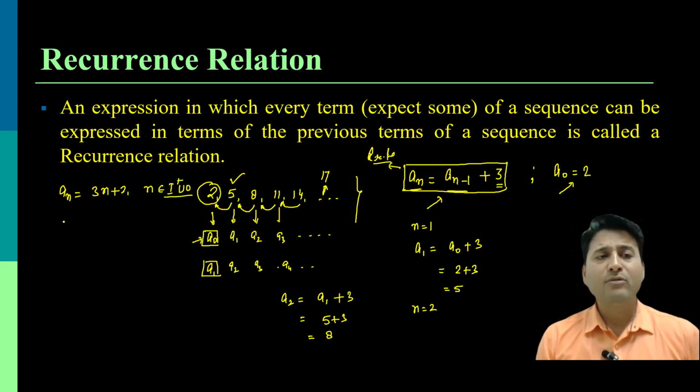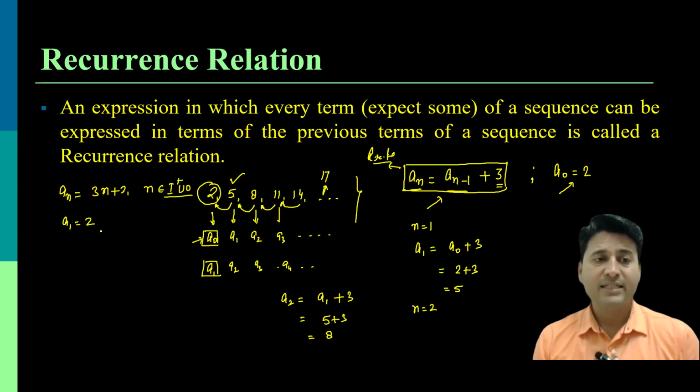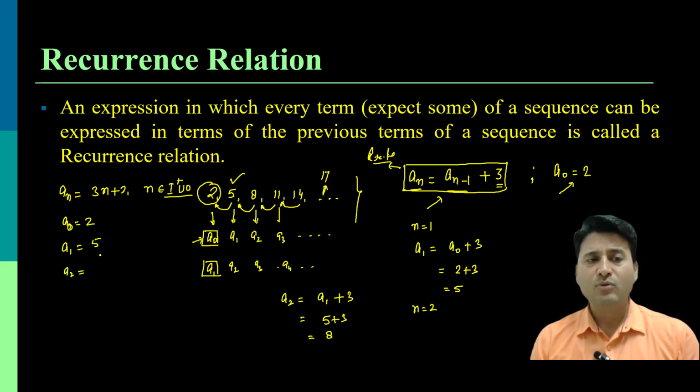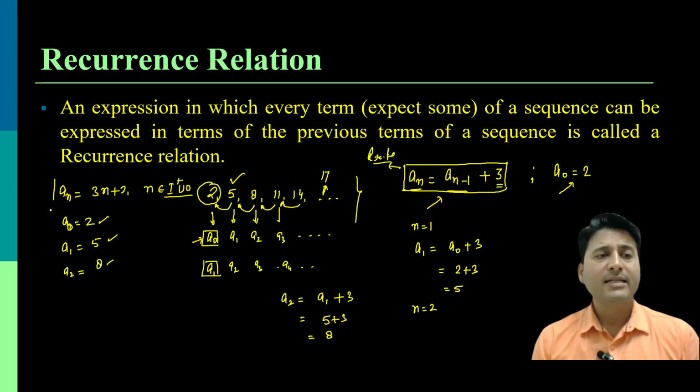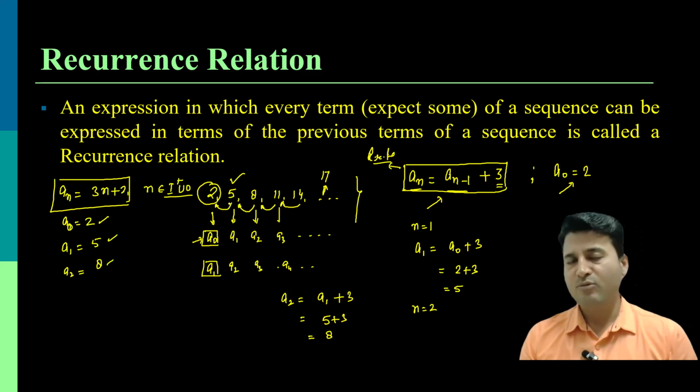So if I put n equal to 0, what I get is 2. Yes, that is the same thing. So A0 is 2. If I put n equals 1, what I get is 3 plus 2, 5. If I put n equals 2, 3 times 2 is 6 plus 2, 8. Now you can see this relation is also replicating the same sequence.